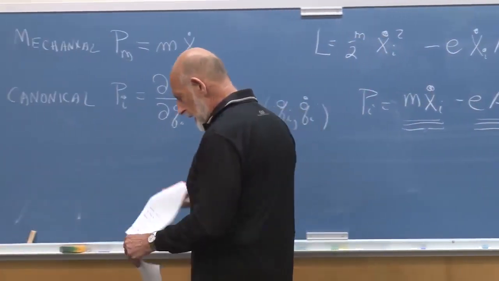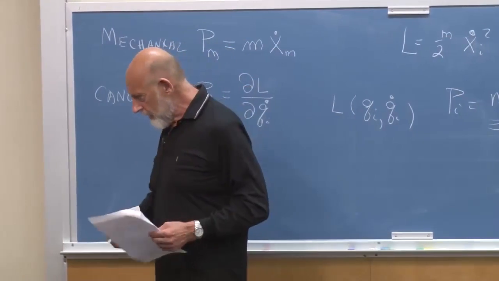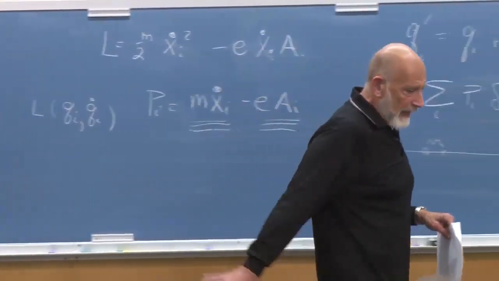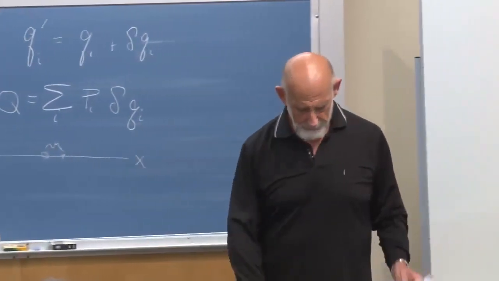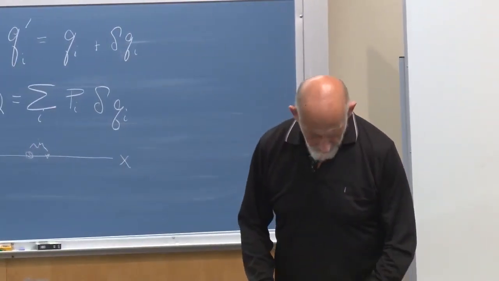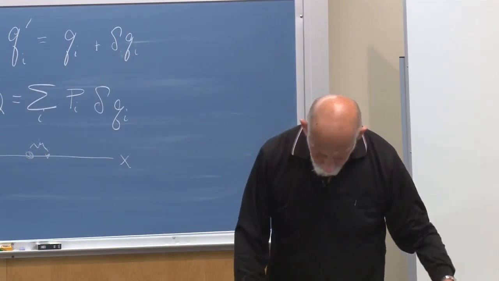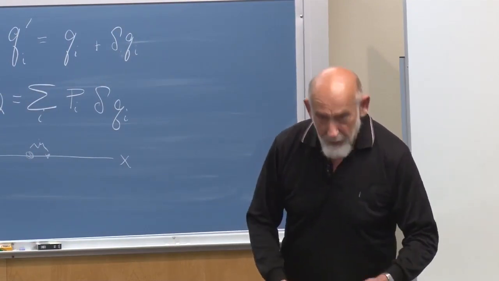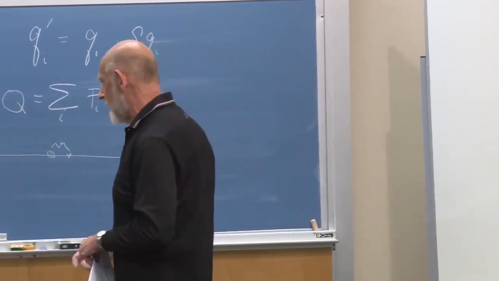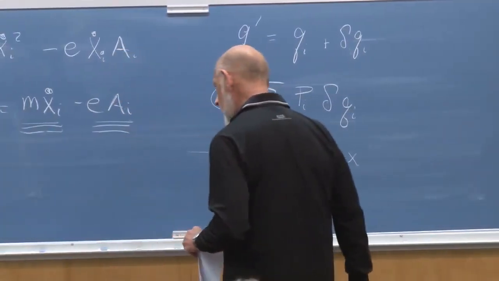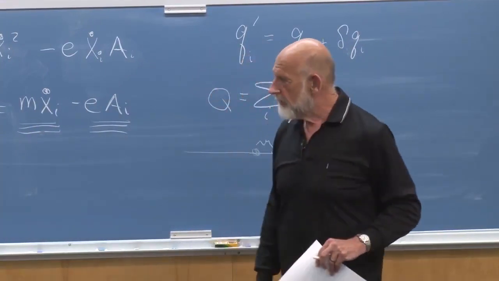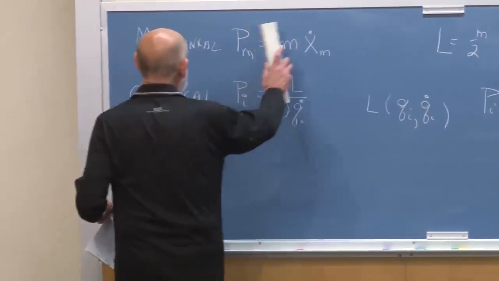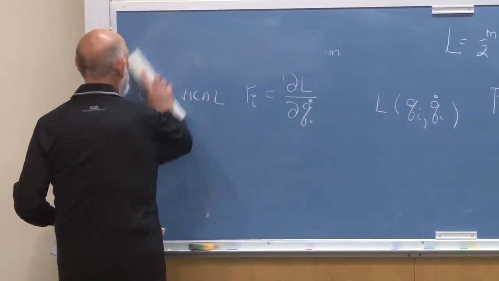Okay. Now I want to move on to the relationship between mechanics and field theory. We've used the Lagrangian form for field theory, but I want to spell it out in some detail now.